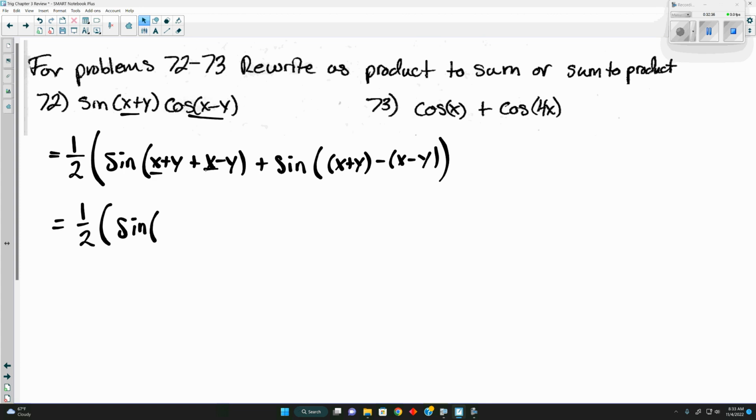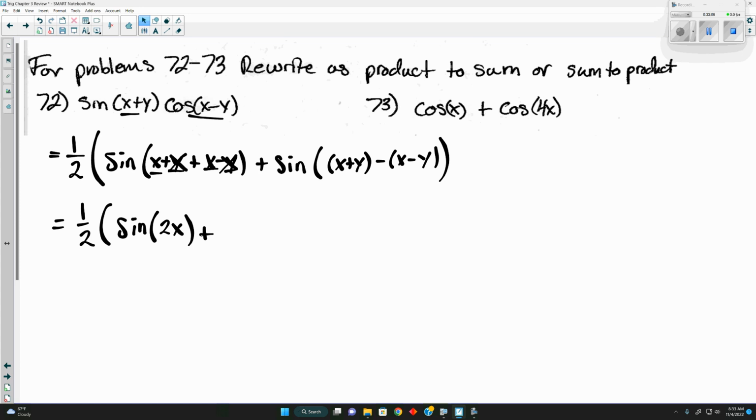Here, x plus x is 2x. Y minus y is 0, so we have sine of 2x. Plus, here we have x minus x, which is 0.